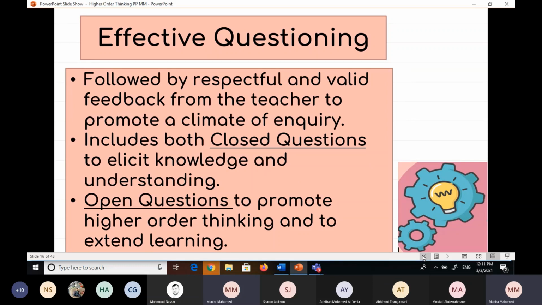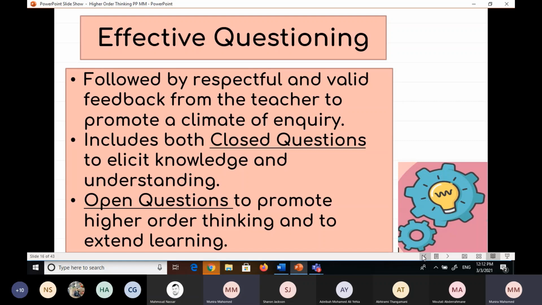Remember, effective questioning should usually be followed by valid feedback from the teacher so as to include more inquiry so that they can build up on this. This should include both closed questions and open questions.